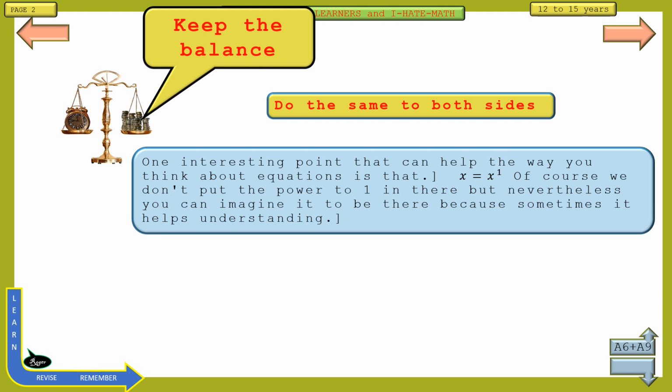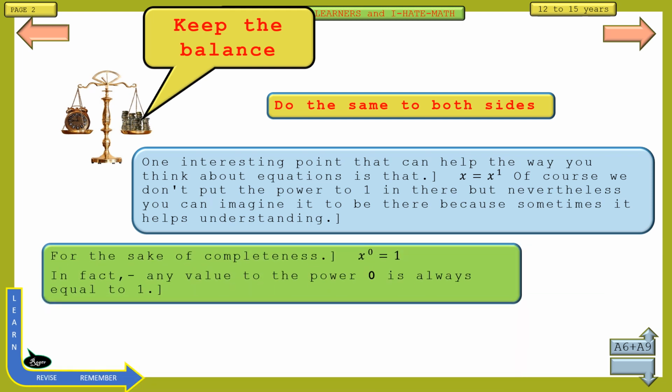Of course, we don't put the power of 1 in there, but nevertheless you can imagine it to be there, because sometimes it helps understanding. For the sake of completeness, x to the power 0 equals 1. In fact, any value to the power 0 is always equal to 1.